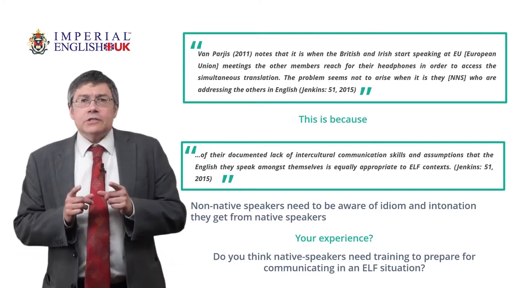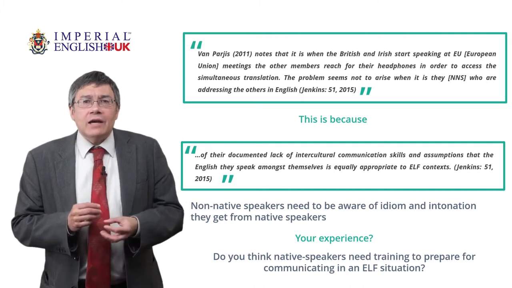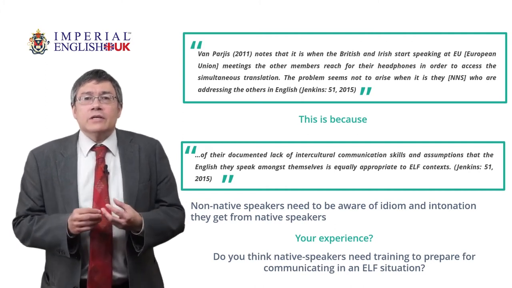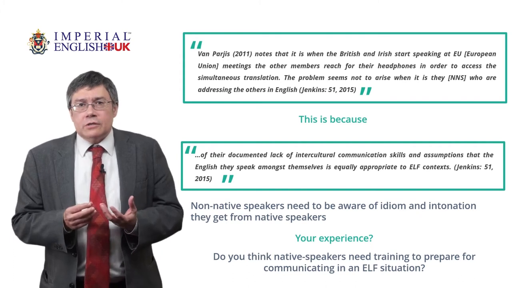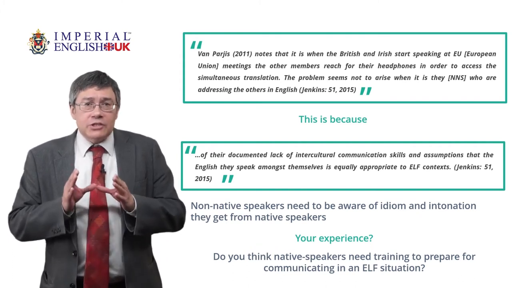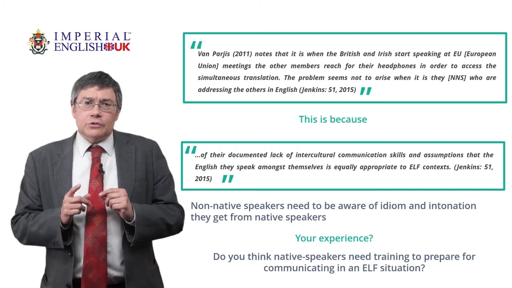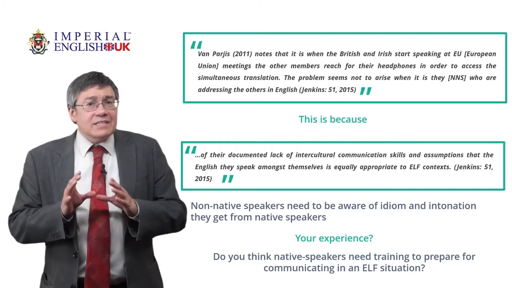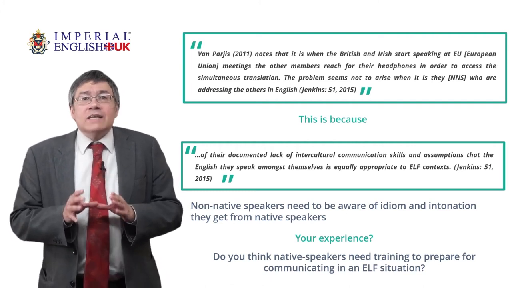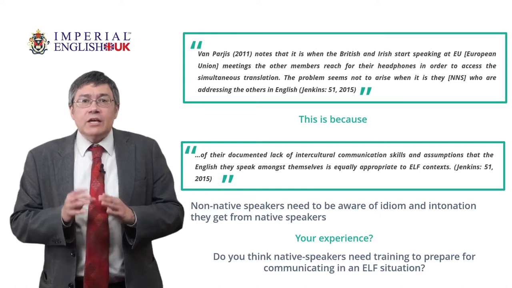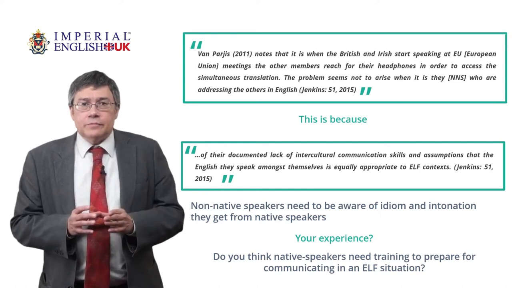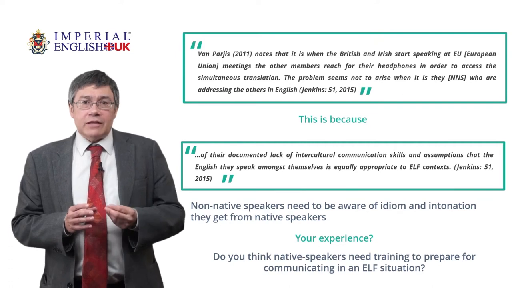So, as a teacher, you need to be aware of how and where your students are going to use their English. The Imperial English UK GES courses do not assume that the students are going to be in a native-speaking country or are necessarily going to be communicating with native speakers in English. The unit topics reflect this.